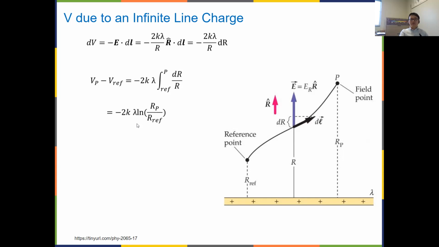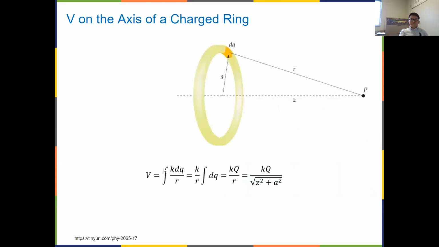It looks a little different from the example in the textbook, but this is because this is an infinite line charge, while in the problem there's a limited charge of length L. If you take L to infinity, it will give you the same result as this.